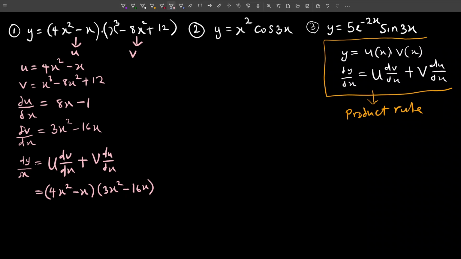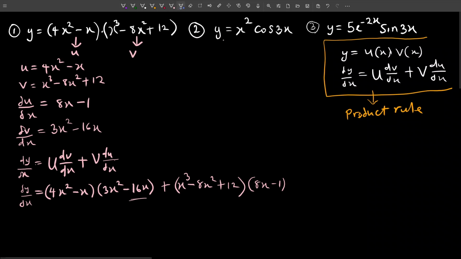So this part now is u dv/dx plus v du/dx. What is v? v is x raised to 3 minus 8x raised to 2 plus 12. That is v. Then du/dx is 8x minus 1. So this is dy/dx. No need to expand to give us a very, very big algebraic expression. So this is our answer.